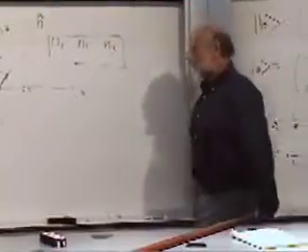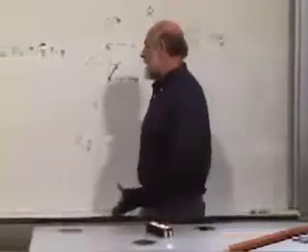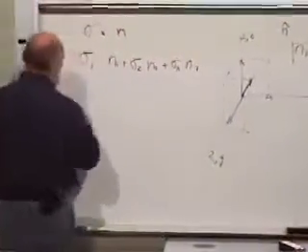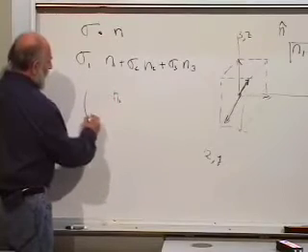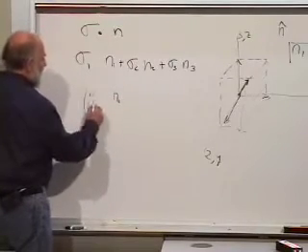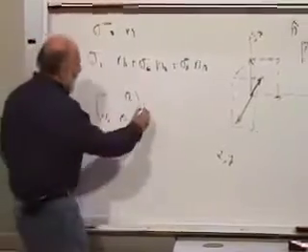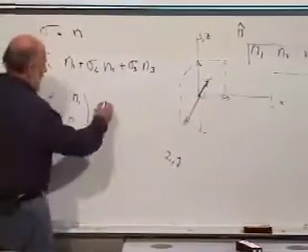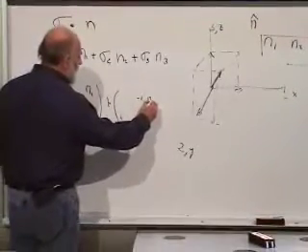We can write this down, actually. Given n1, n2, and n3, we can add them up. Let's do it. n1 times sigma 1, what's sigma 1? Sigma 1 is 0, 1, 1, 0, and if I multiply it by n1, it looks like this. That's sigma 1 times n1. What about sigma 2 times n2? Well, sigma 2 is 0, minus i, i, 0, and now we multiply it by n2.